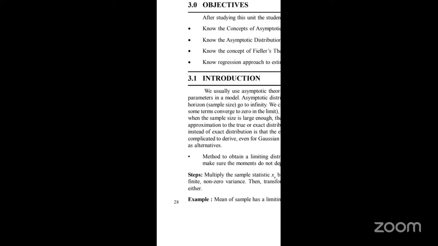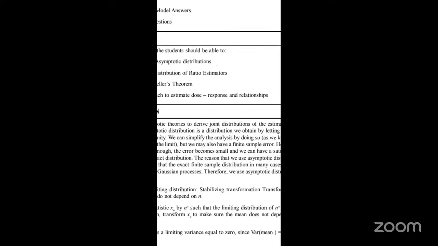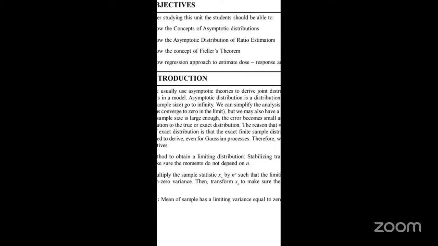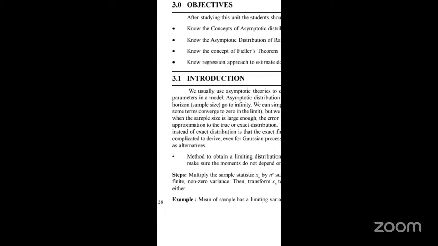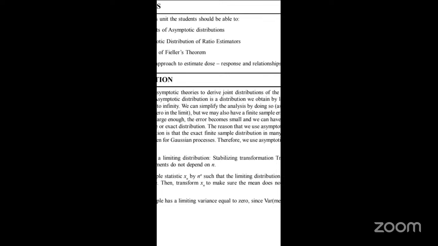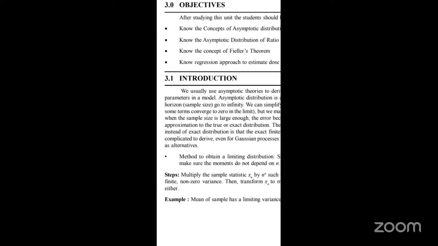Method to obtain a limiting distribution: stabilizing transformation. Transform Xn so that the moments do not depend on n. The steps: multiply the sample statistic Xn by a factor of n such that the limiting distribution of nXn has a finite non-zero variance.